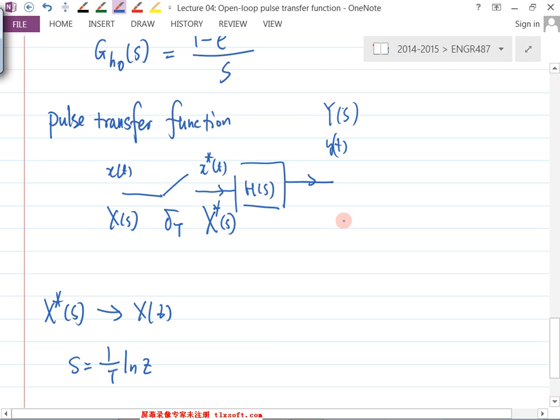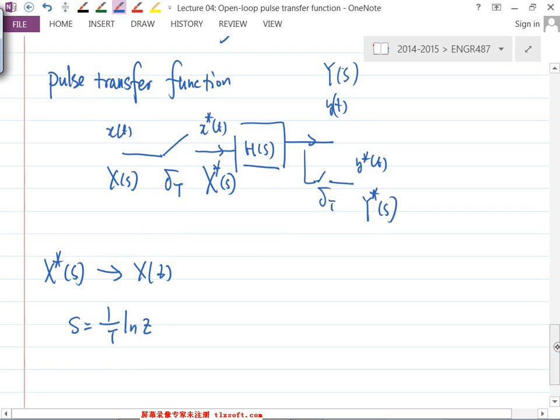So what we need is another impulse sampler here, producing y star of t and the corresponding y star of s. Altogether, your pulse transfer function is a relationship between the output here and the input here, basically between the two starred ones.